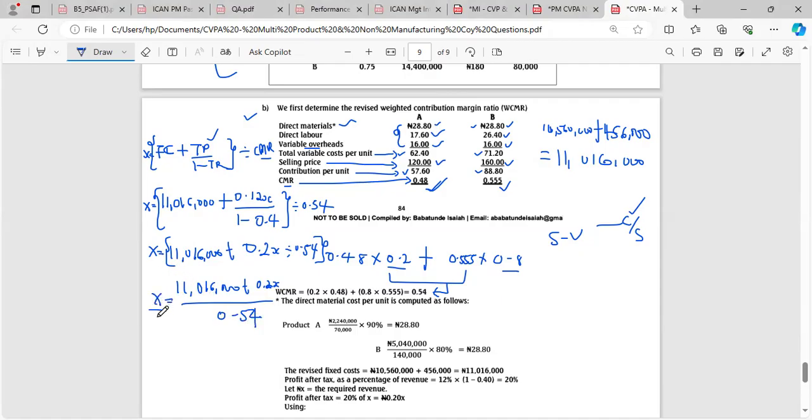Equal to. So this x over 1, if I cross multiply, are you getting it now? It's mathematics we are doing.